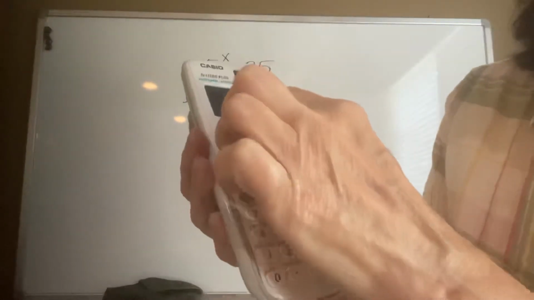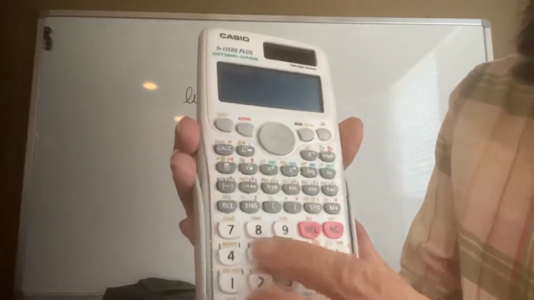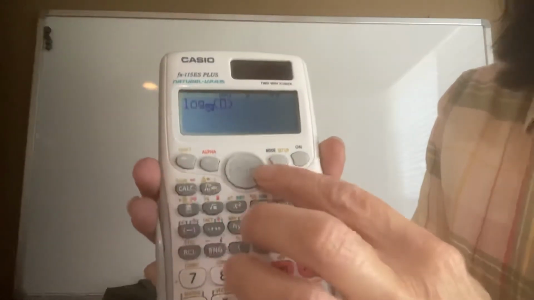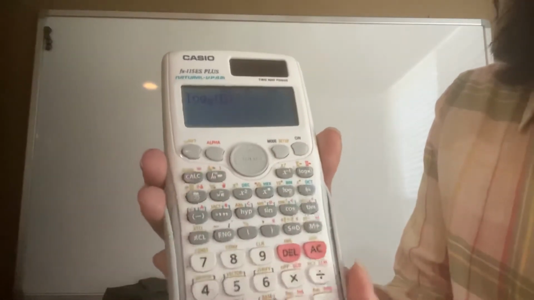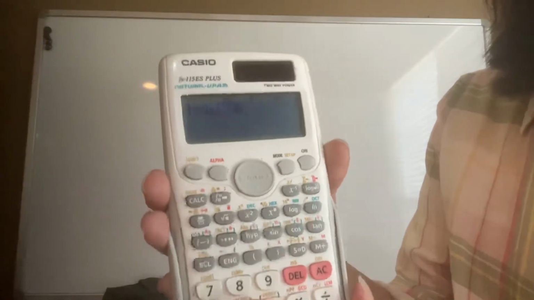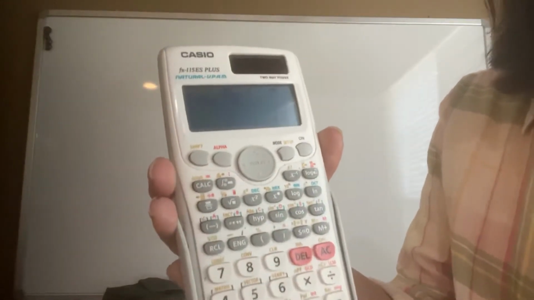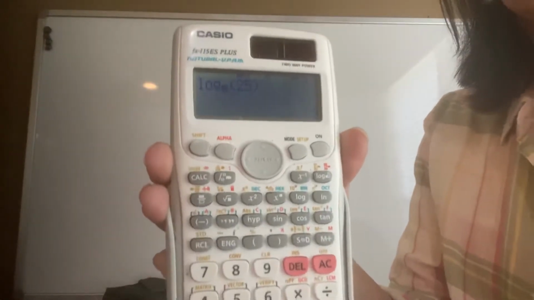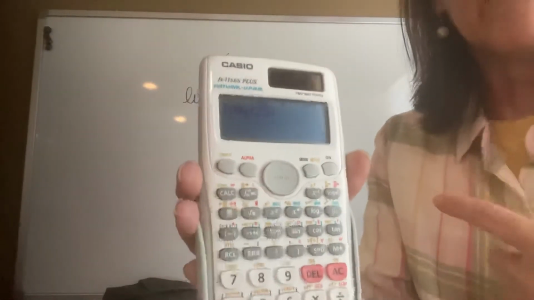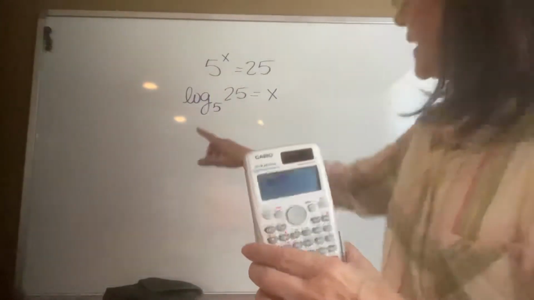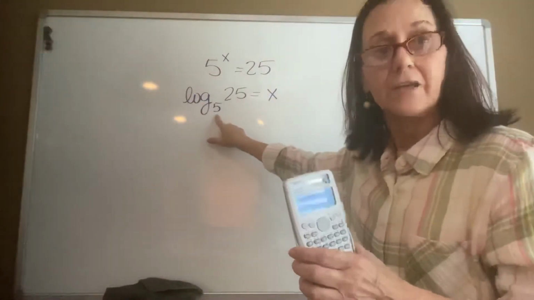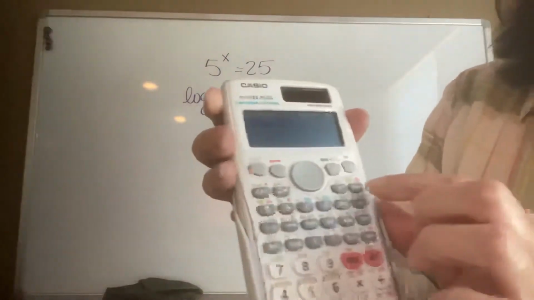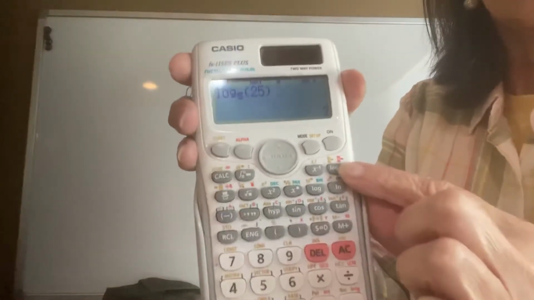I put 5 for my base. I move over, and for my antilog, I put 25. Then I hit enter, and I should get 2. So when your base is anything other than 10, acknowledging it can't be 1, you're going to use this button.